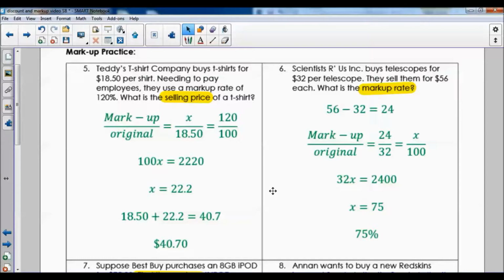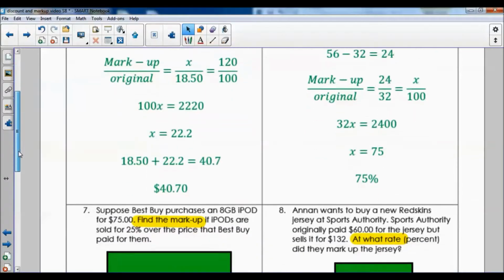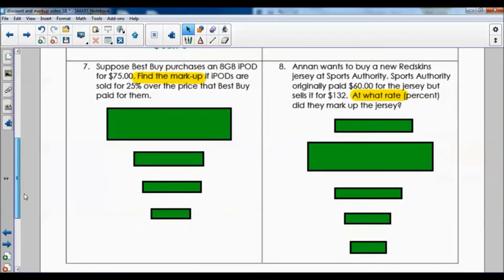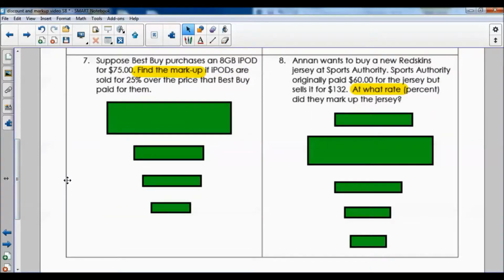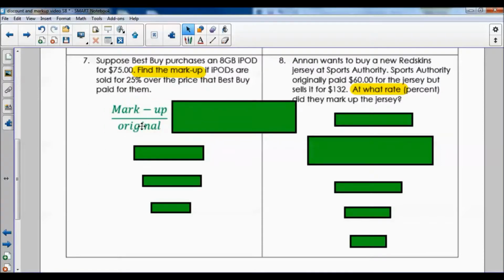Okay, number 7. Suppose Best Buy purchases an 8 GB iPod for $75. Find the markup if iPods are sold for 25% over the price that Best Buy paid for them. Okay, so our markup over the original. Okay, we don't know what the markup is, but we know the original was $75.